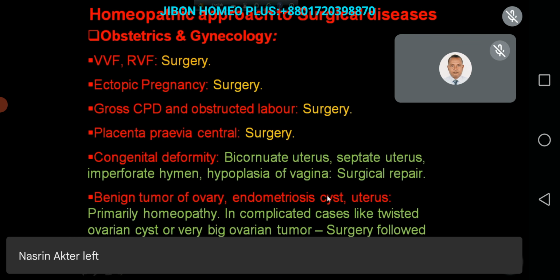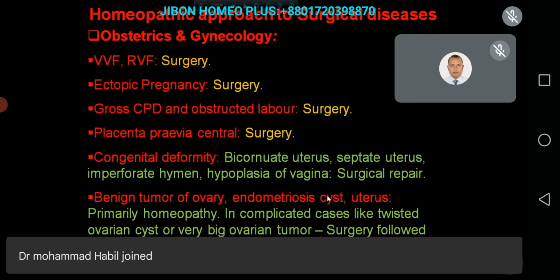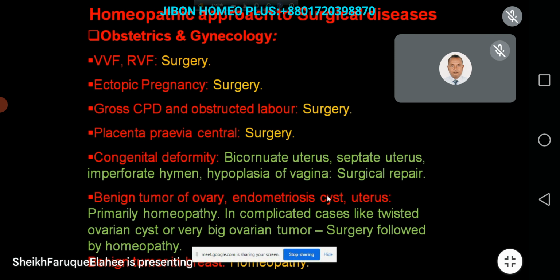But if you cannot control the bleeding, nor the size of the uterus, it is better to send her to the gynecologist, if it is very big and bleeding is so much. But in other cases, yes, you can treat.